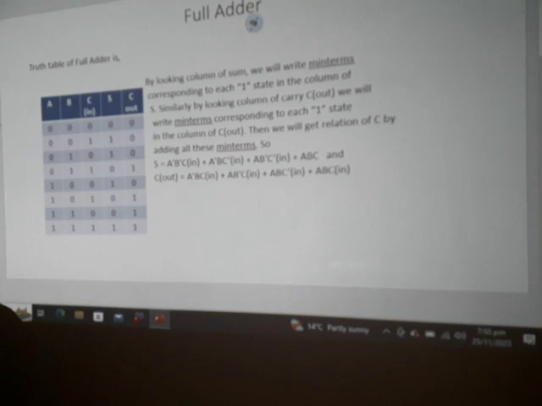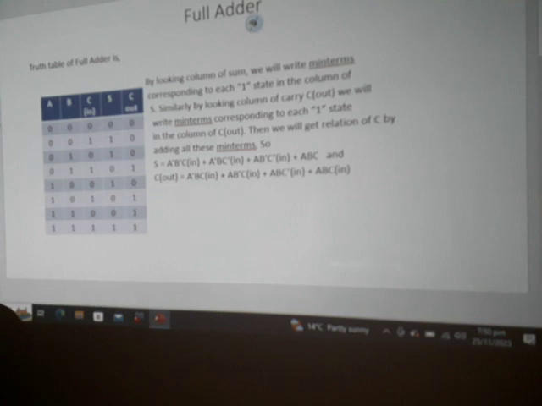Now the relations are: for sum, S is equal to A dash, B dash, C in plus A dash, B, C in dash plus A, B dash, C in dash plus A, B, C in. And for carry, we have the relation C out is equal to A dash, B, C in plus A, B dash, C in plus A, B, C in dash plus A, B, C in.